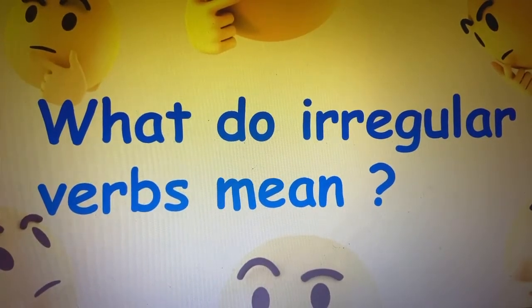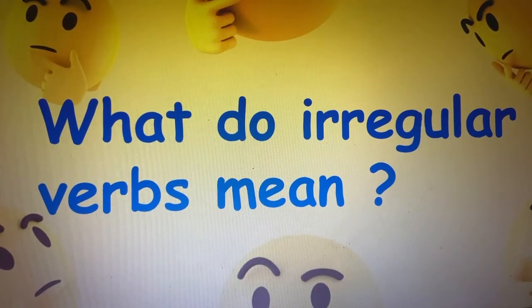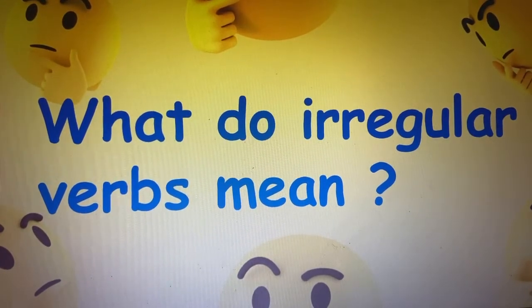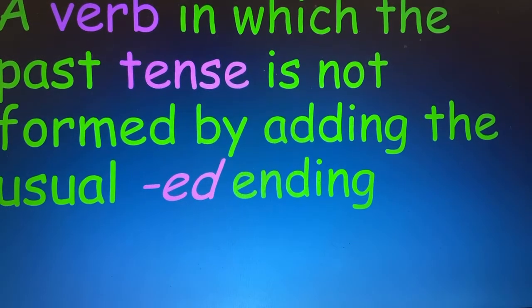What do irregular verbs mean? What do we mean by a regular verb? Let's think. What do irregular verbs mean? A verb in which the past tense is not formed by adding the usual ed ending.